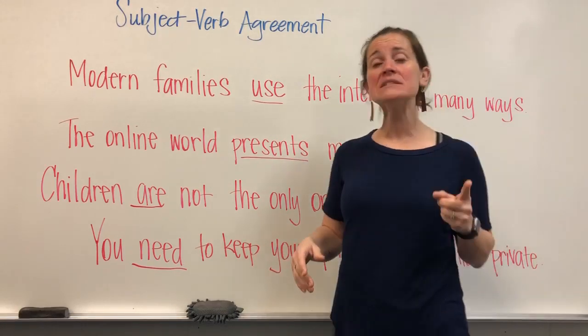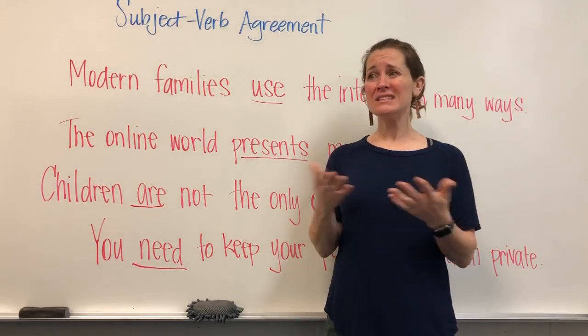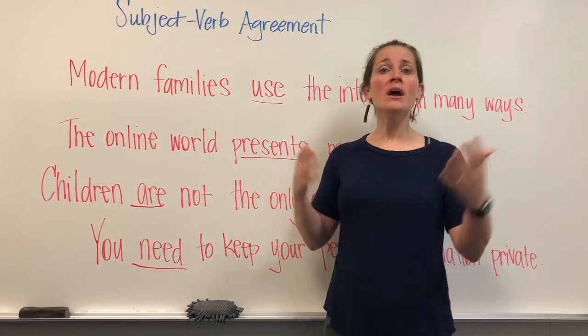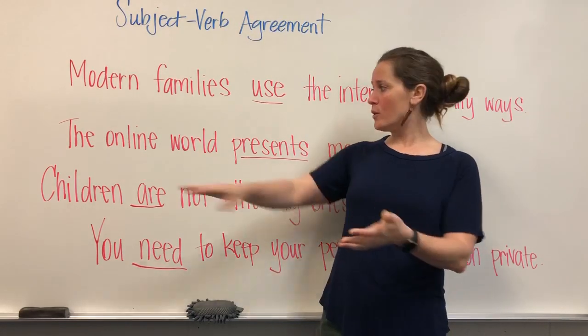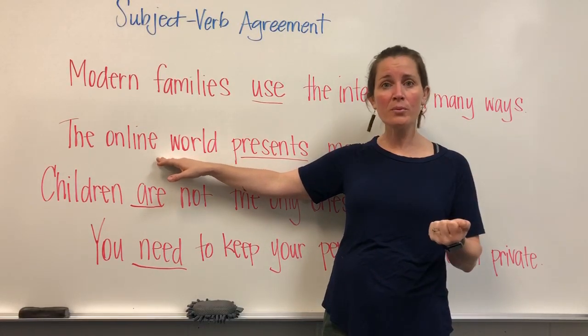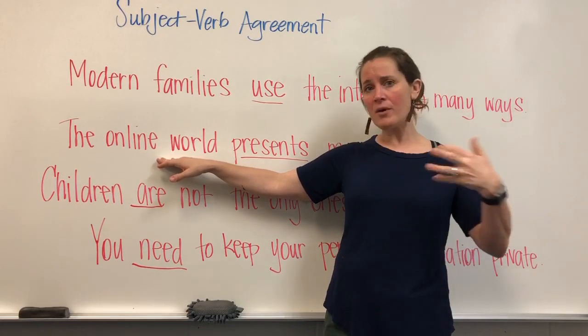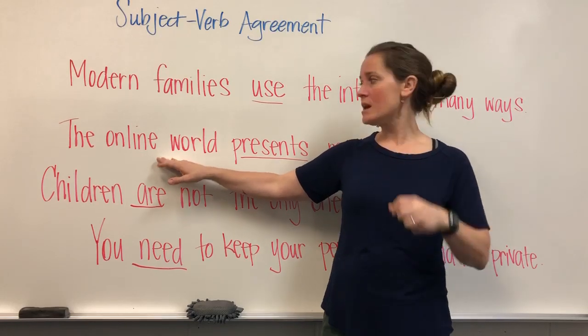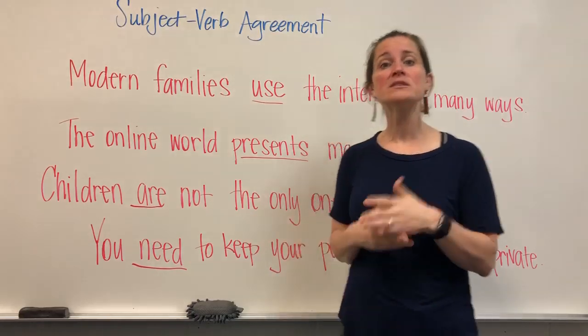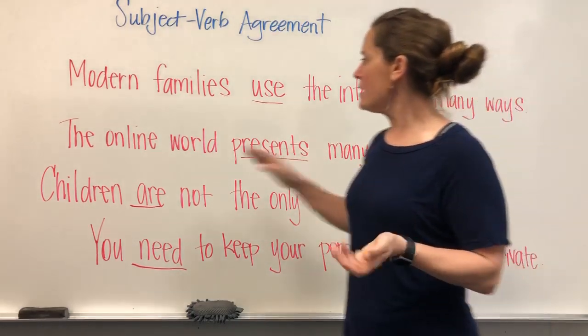Although it's one baseball team, the team is made up of what, 12 players? Okay, so when we see a word like world, a collective noun, or team or group, although it's made up of a plural amount, it's just one world, it's just one team, it's just one group, and so it's considered singular.